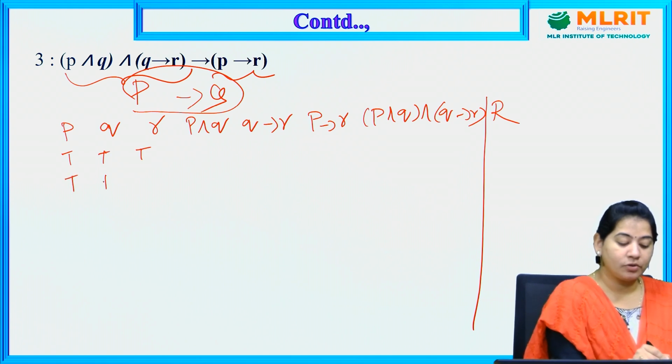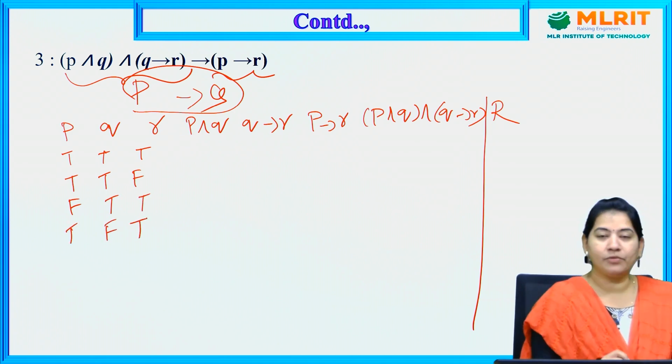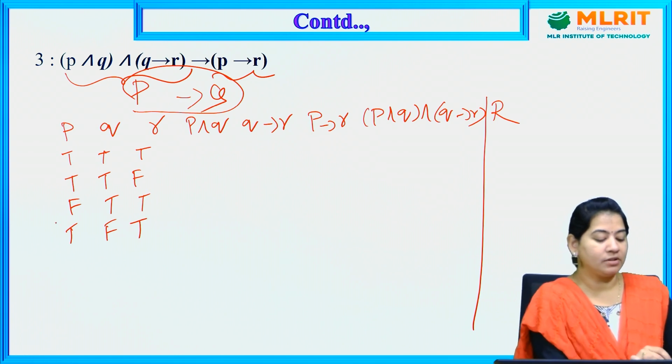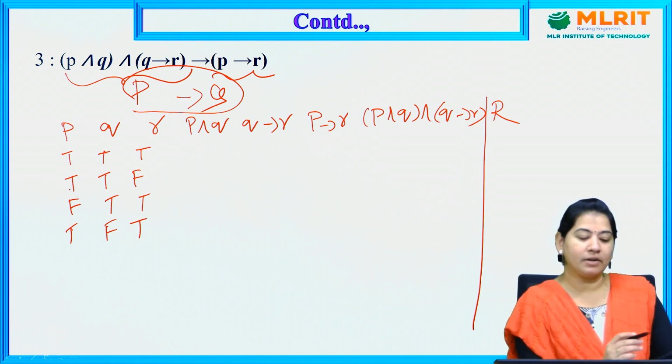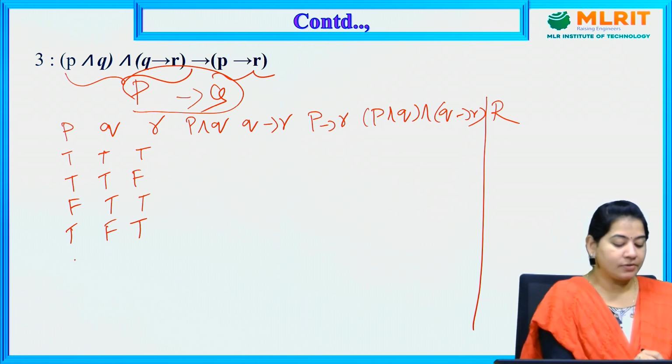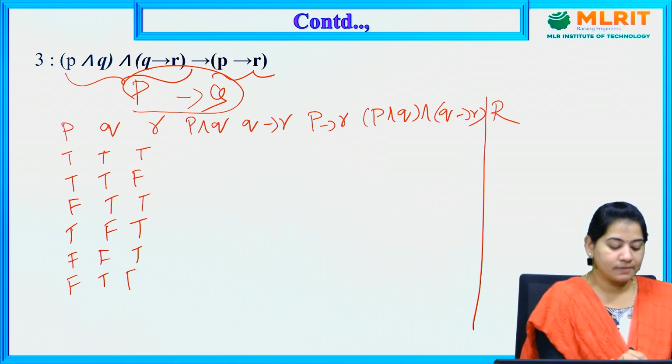So next true, true, false, false, true, true. Next we have TFT, that is in between false, true. Here if you observe in the three combinations, we have considered two true statements and one false statement that we have interchanged here. Next we have false, false, true, false, true, false, and here T, that is true, false, false, and at last false, false, false.